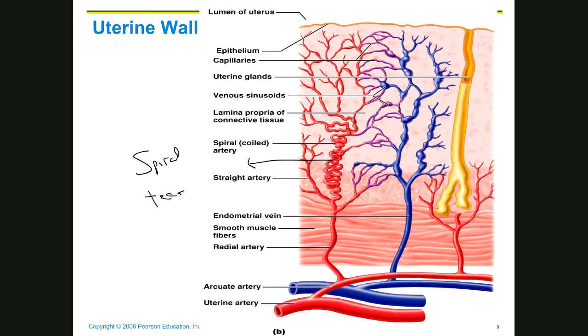So you're going to get bleeding. But because of this weird shape that they have, when they tear, they snap back. They don't just get cut off like an artery might. They get snapped back, and it creates this space for a clot to happen. And so these arteries, because of the shape they have, reduce blood loss during menstruation.